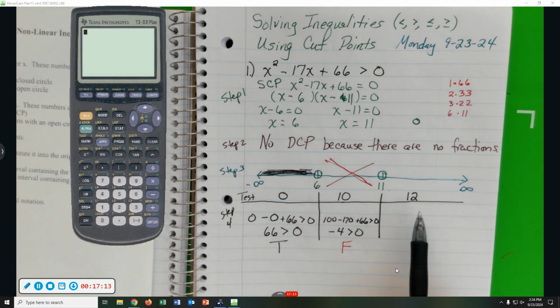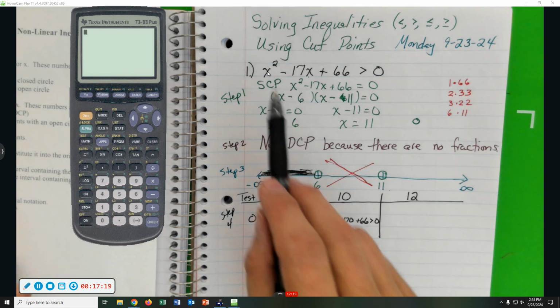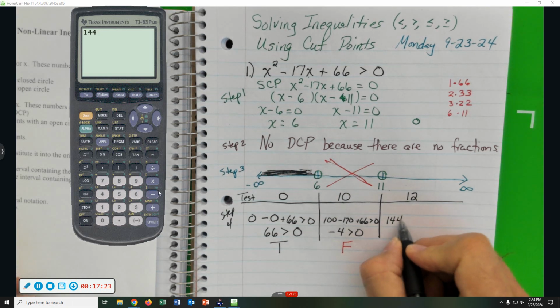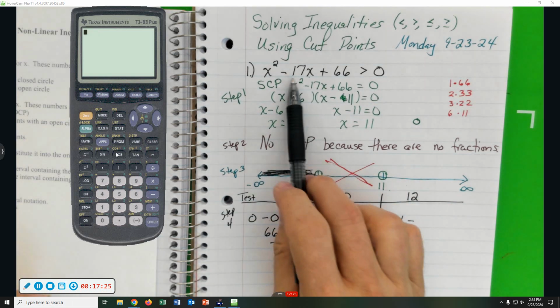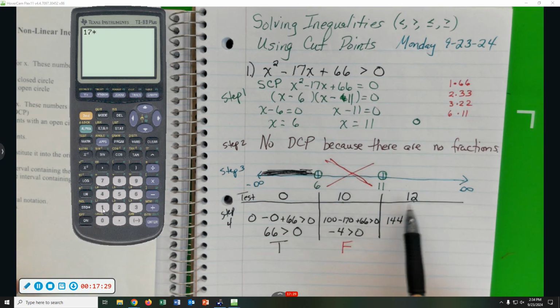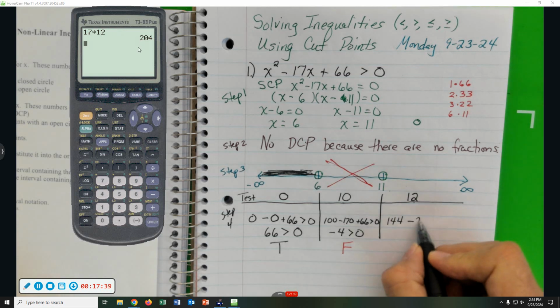Now, let's plug 12 in. Y'all caught up with me? 12 squared is 144. Minus 17 times 12. Thinking of 12 as 10 plus 2, 17 times 10 is 170, 17 times 2 is 34. 170 plus 34, is that 204?